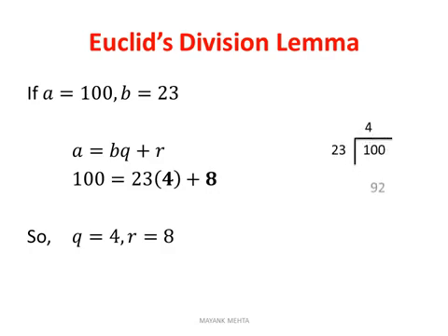So 23 fours are 92 and the remainder is 8. So this is your quotient and this is your remainder. It is as simple as that. So a is equal to bq plus r. You can write 4 in the place of q and 8 in the place of r, because it is the remainder.